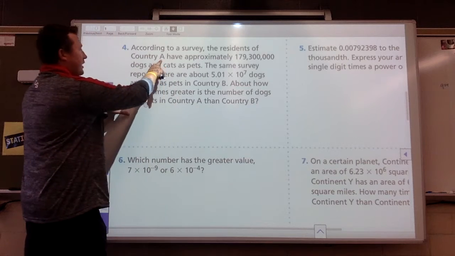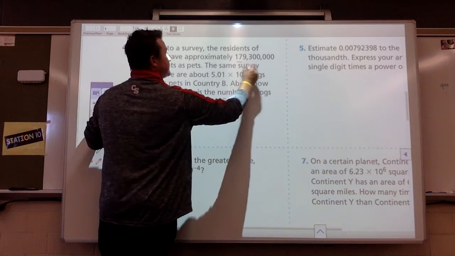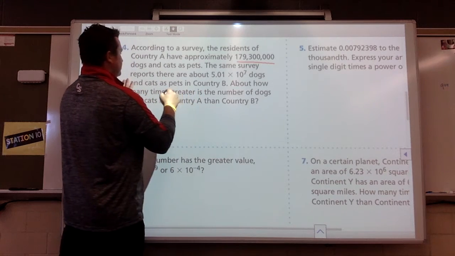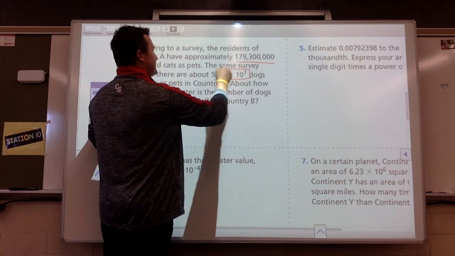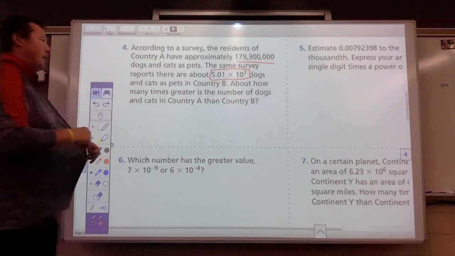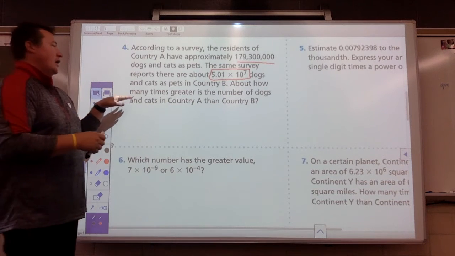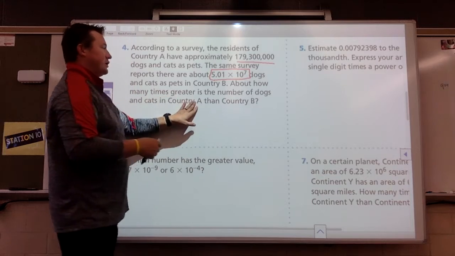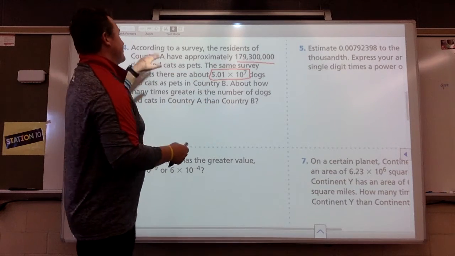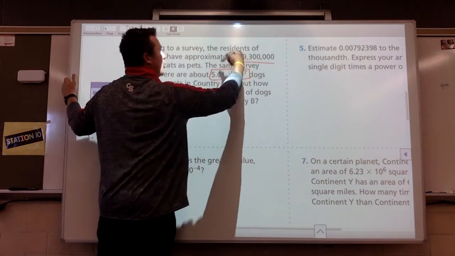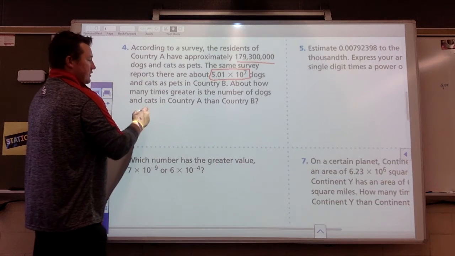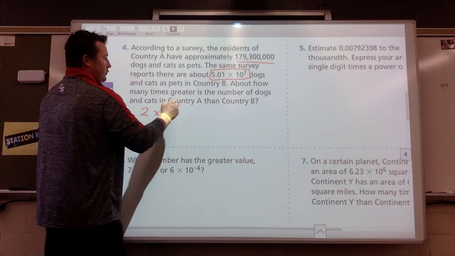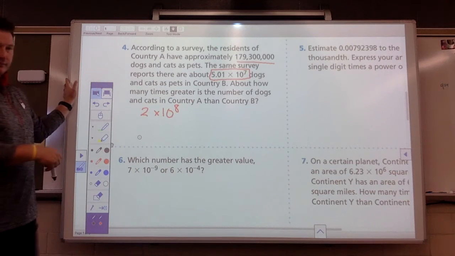Country A has this many. Country B has this many. About how many times greater are the number of dogs in country A than country B? Country A is this number right here. We need that as a single digit and a power of 10. 3, 6, 7. We should have that number.